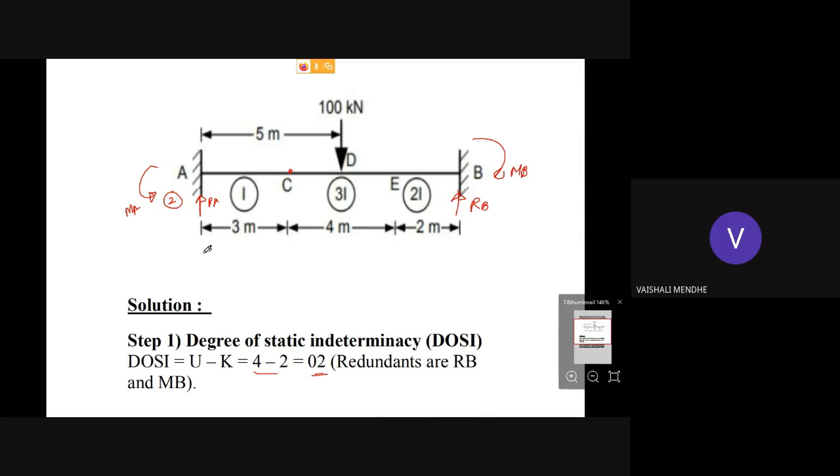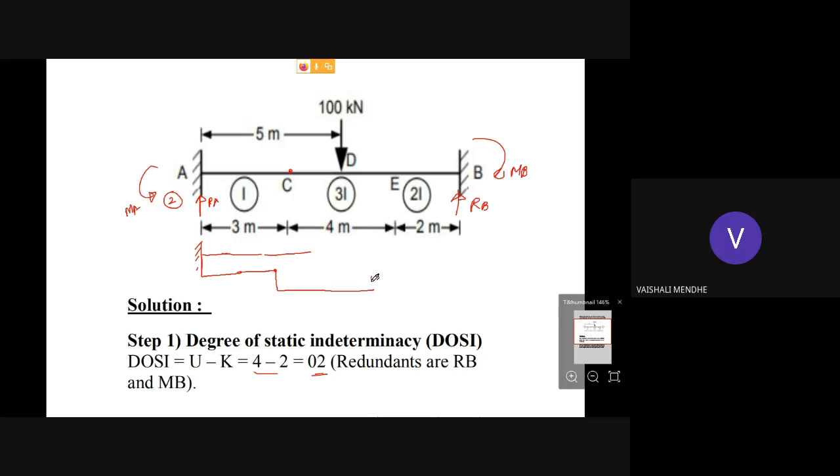The analogous column section is exactly the opposite of this. So this figure you can show in this way: from A to C, the moment of inertia is I. Then from C to E, the moment of inertia is 3I.